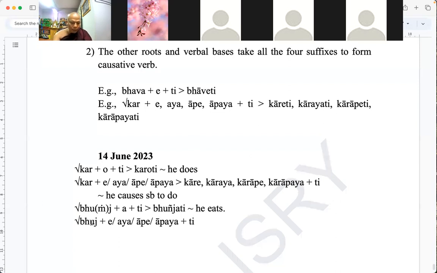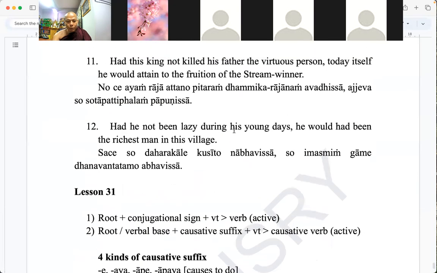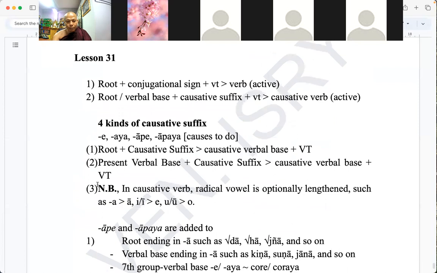So at that time, this u is radical, according to the rule. So here you see, u is changed to the o, you see. So that is one.